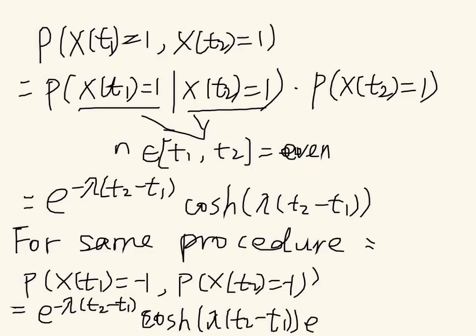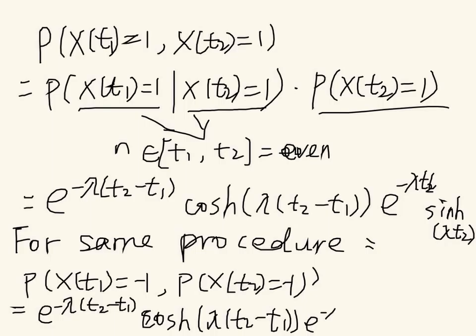Here we need to multiply this guy, which is equal to e to the minus lambda t2 times sinh of lambda t2, and here we need to multiply e to the minus lambda t2 cosh of lambda t2.